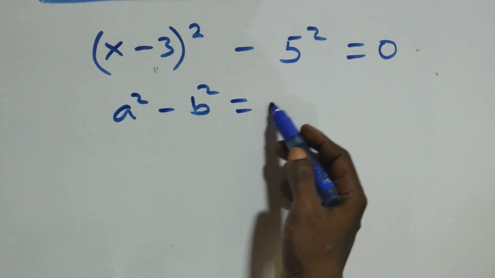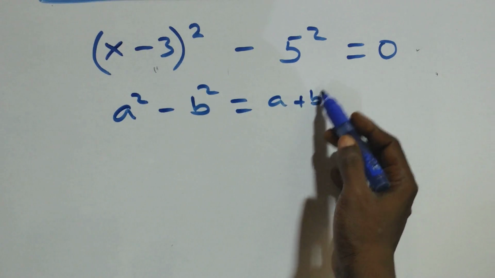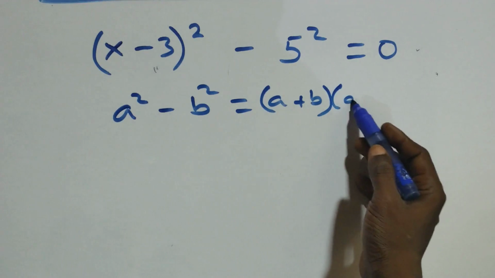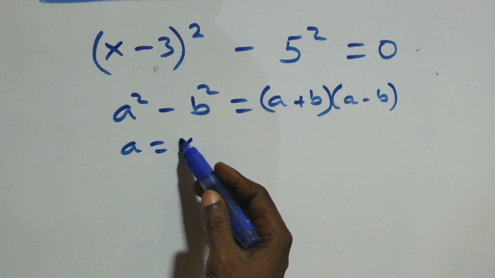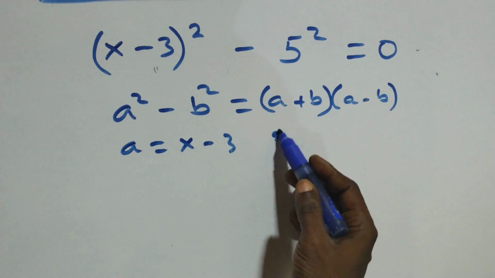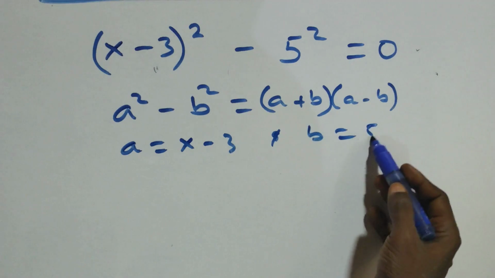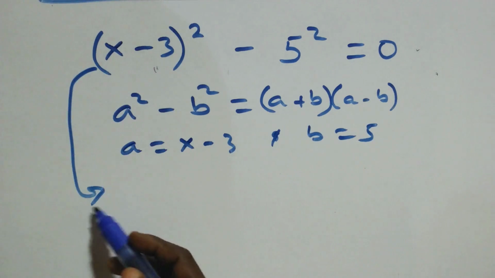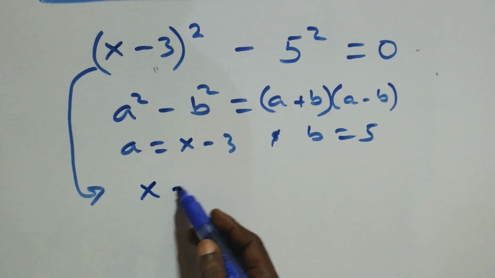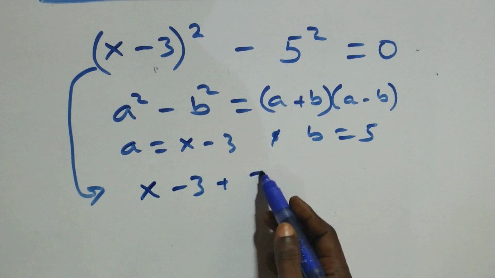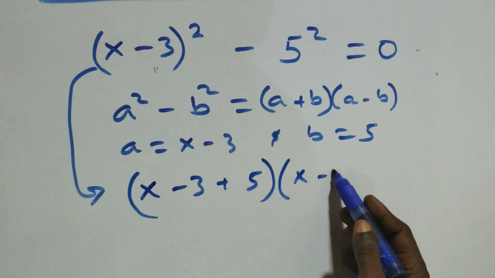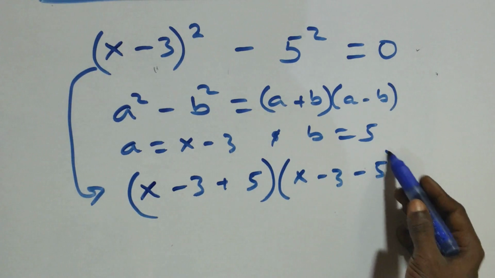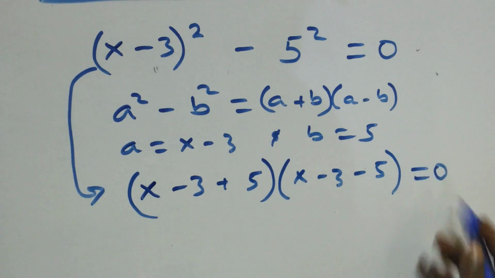Then, also solving from the second case here, we can apply when we have a square minus b square, which is same thing as (a plus b) into brackets, then open bracket (a minus b). That is here, a is standing as x minus 3, and b standing as 5. Then what we have here becomes (x minus 3 plus 5) into brackets, and also open brackets (x minus 3 minus 5) close bracket, then equals to 0 here.